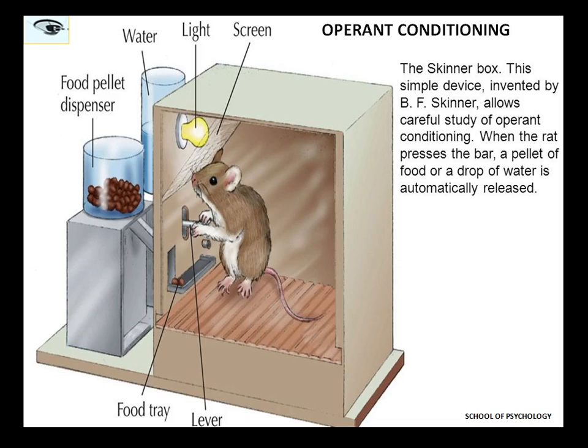He was able to notice these voluntary responses, which were very much under the control of the organism, unlike classical conditioning, where we studied involuntary responses. Here we are talking about voluntary responses, which he named operants.